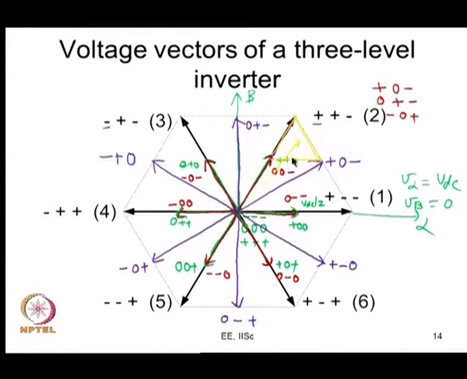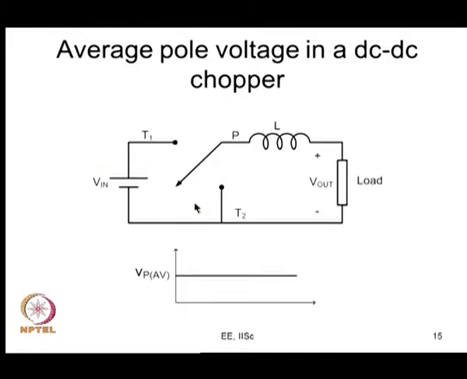Now, your instantaneous error vector is low and therefore its integral, the instantaneous stator flux ripple or the instantaneous current ripple, is going to be low, and that is the main reason why a 3 level inverter gives you better waveform quality. Again you see that there are multiple possibilities. For example, there are 2 different inverter states which you can use to apply this, and that will give you a lot of opportunities to design PWM methods now.